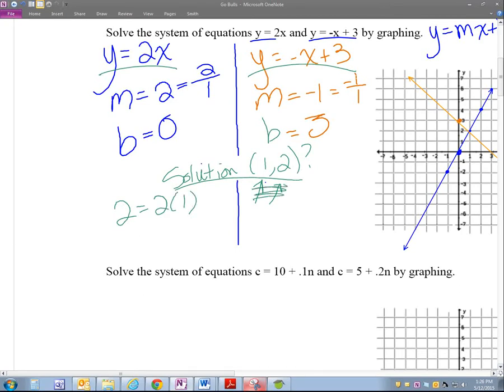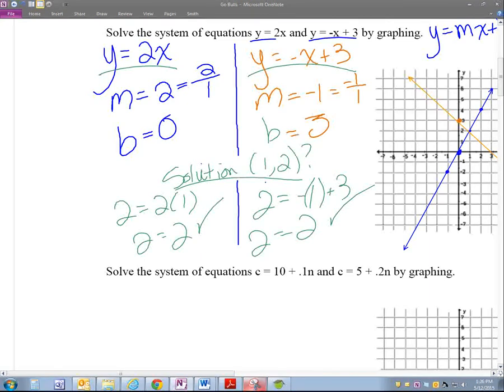Then for this one, y is 2, negative x is 1 plus 3. 2 is equal to 2, yes? Cha-ching! Check mark. So we're checking to see if that is a system of equations, if they intersect. Yes, sir?